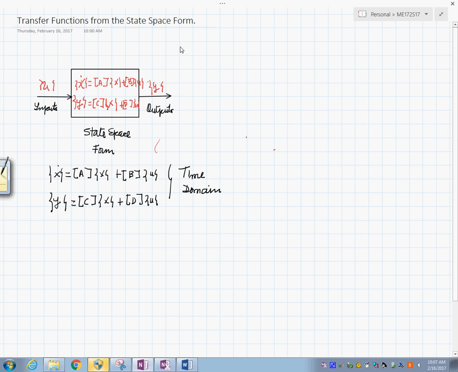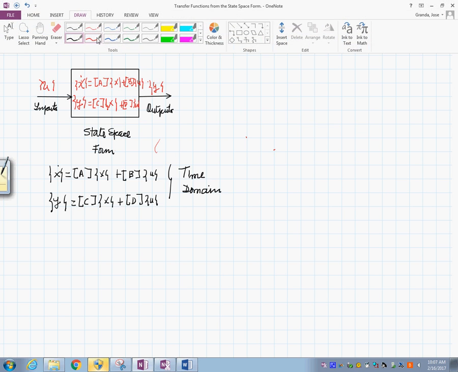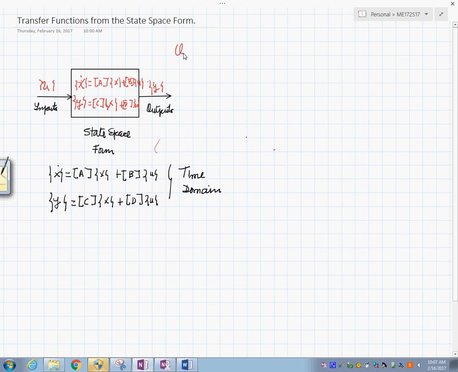Our objective is to obtain the transfer function using the state space form. Okay, how do we go about doing this?